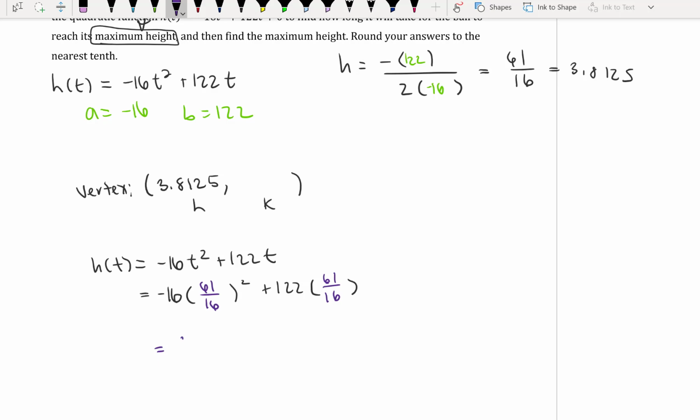And so that gives me the fraction 3721 divided by 16, and the decimal approximation is 232.5625.